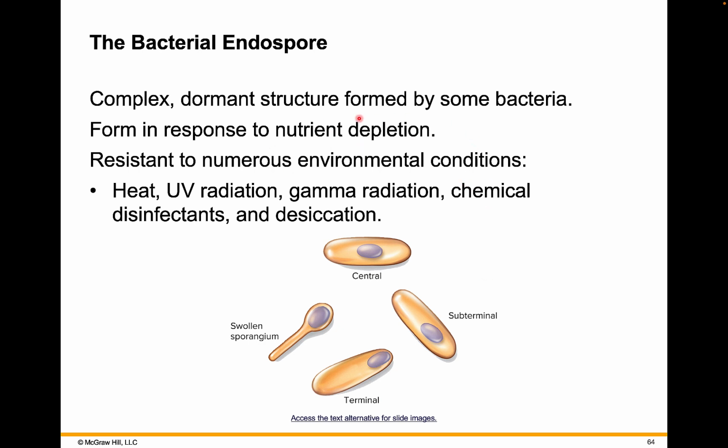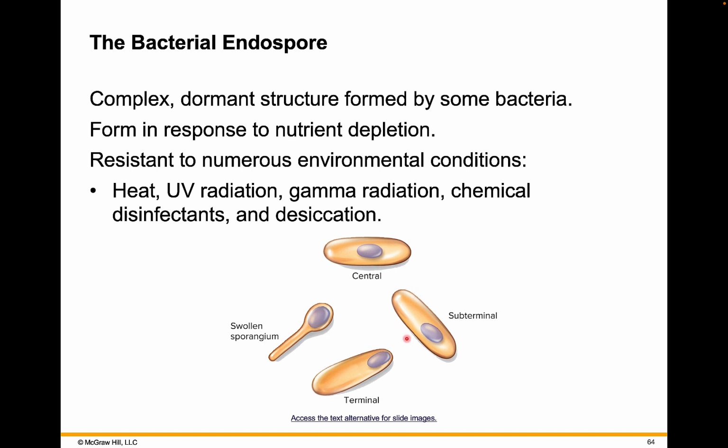So when there is a harsh environment which is not favorable for growth for the bacteria, they actually switch into this endospore formation. And they are resistant to heat, ultraviolet, gamma radiation, chemical disinfectants, and desiccation. You can only use autoclaving to essentially destroy these endospores. So very difficult to destroy them.